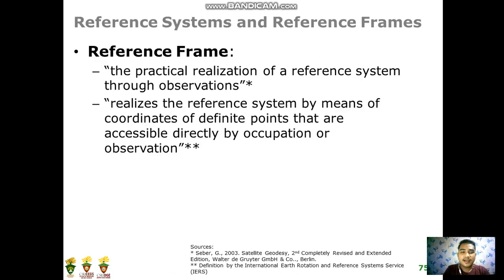By the way, here is a simple analogy. The reference system is like a prescription from a doctor.